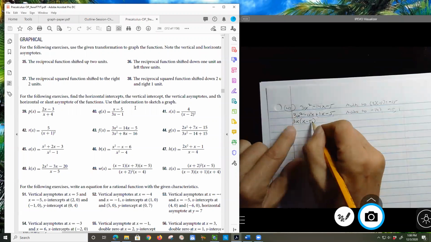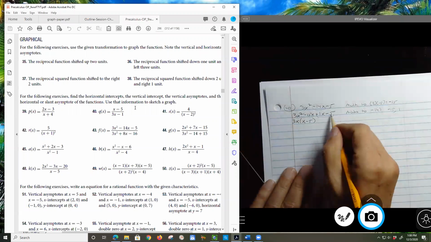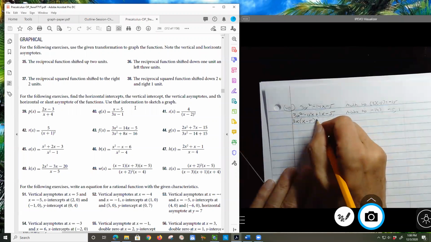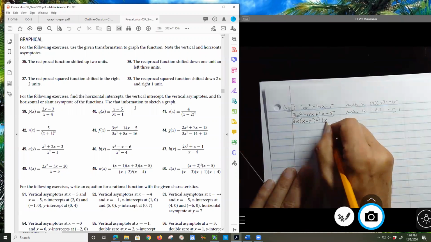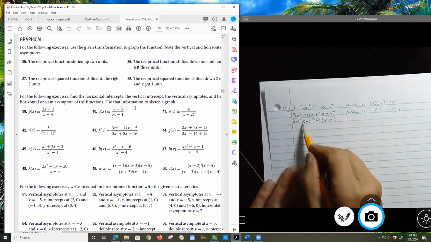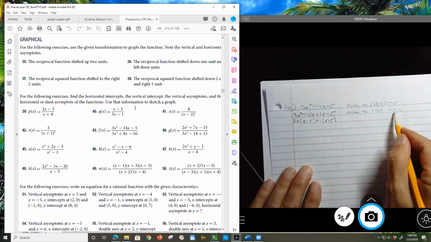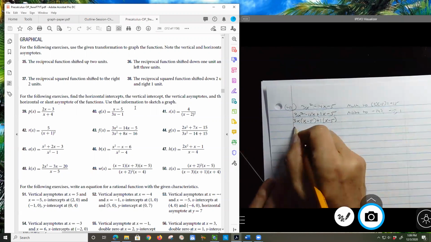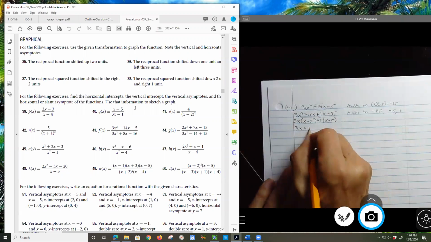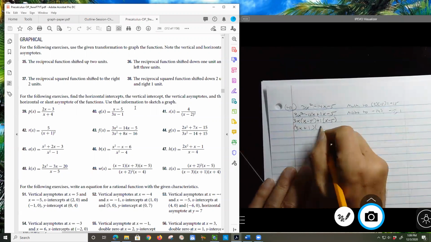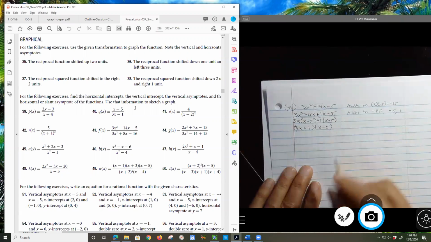How about here? I can't factor much out of there. I think a 1 is about the limit. And then I have x minus 5. What a coincidence. No, it's not a coincidence. Of course it works because you found the two magic numbers. So this is 3x plus 1 times x minus 5. So that's that one factored.